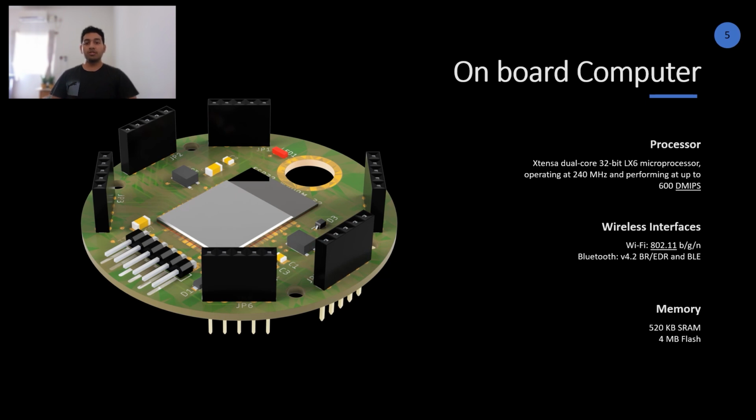We have chosen the Xtensa dual-core 32-bit LX6 microprocessor. The reason we've chosen a dual core is so that implementation of real-time operating systems is easier. That way you can run two processes simultaneously. It operates at a frequency of 240 megahertz and performs up to 600 DMIPS. That is basically the number of instructions you perform per second.